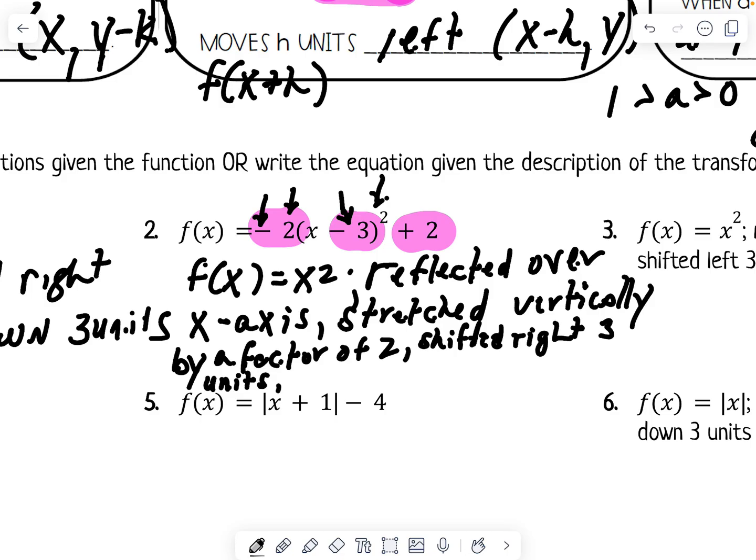And lastly, I added 2, so I know I shifted up 2 units. Okay? Those are all the changes that happen to the parent function.